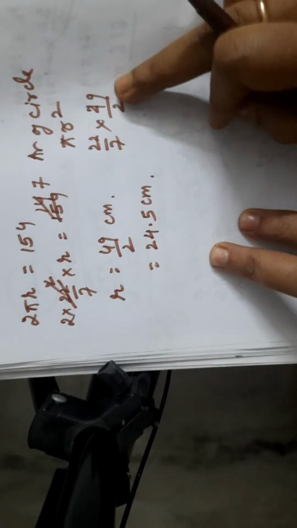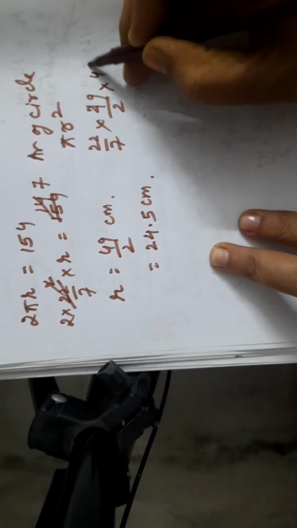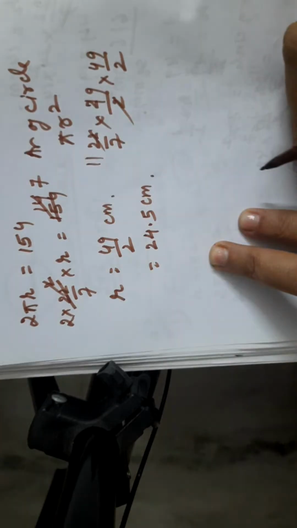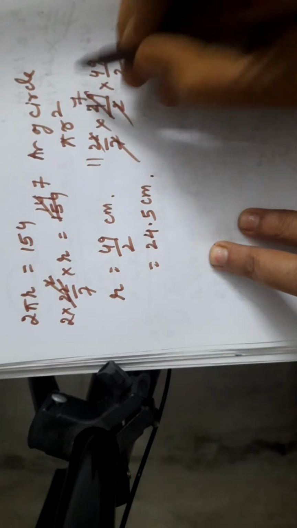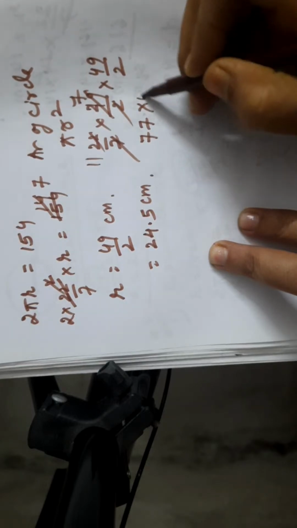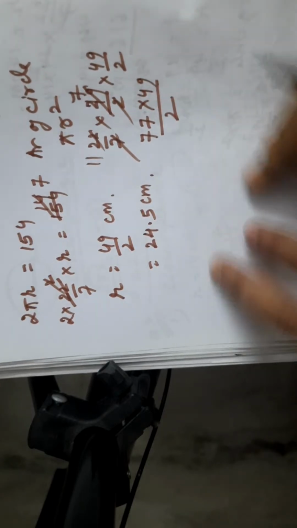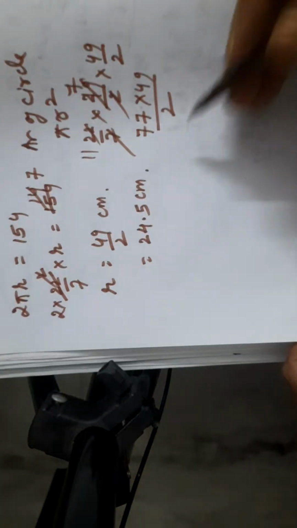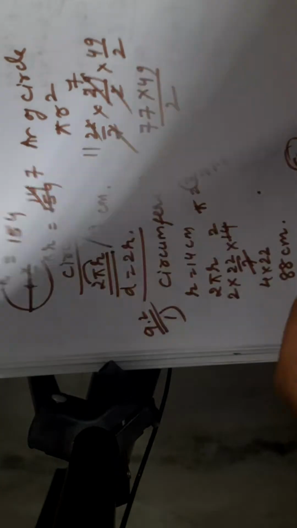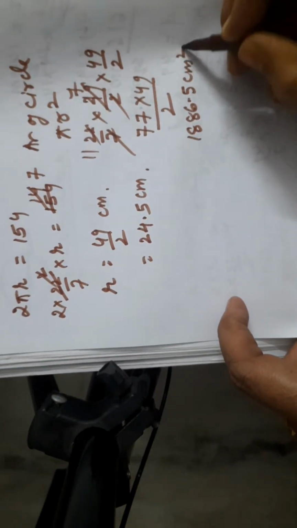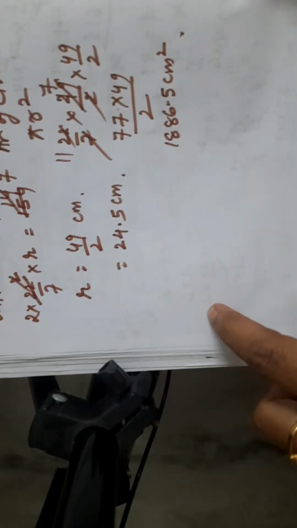So use fractions only. So again it is 49 by 2. Thus 22 got cancelled. 7 7s are 49. Now 11 7s are 77. Multiply by 49 whole divided by 2. I think we got the same value in the previous question also. So it's 1886.5 centimeter square. Is it clear?